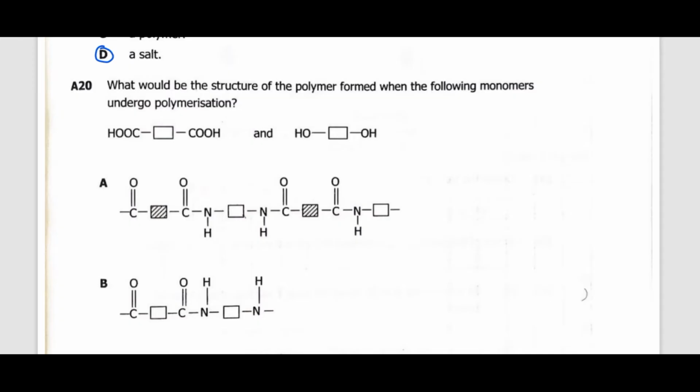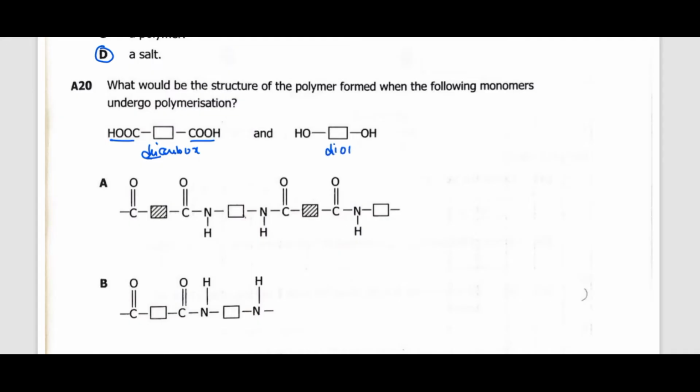What could be the structure of the polymer formed when the following monomers undergo polymerization? So let's look at this. So this is a dicarboxylic acid. Why? We have 2 functional groups. Di means 2. We have 2 functional groups for an acid. Then here, this is a diol.